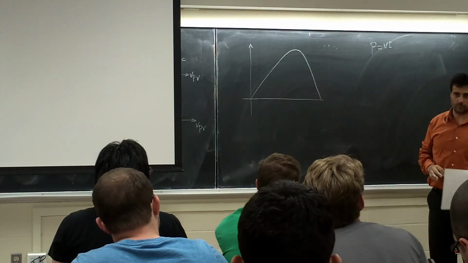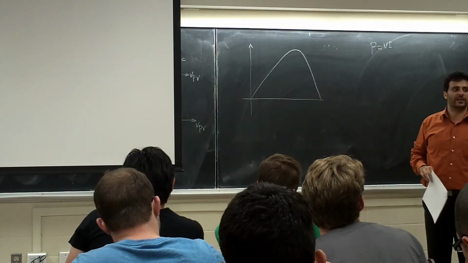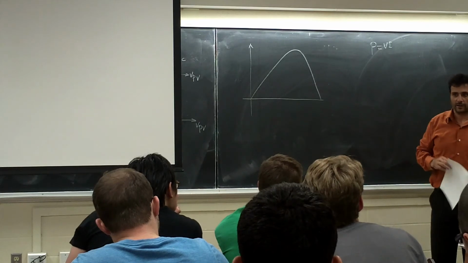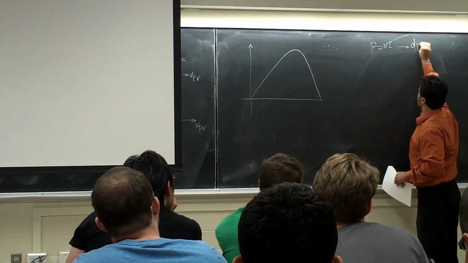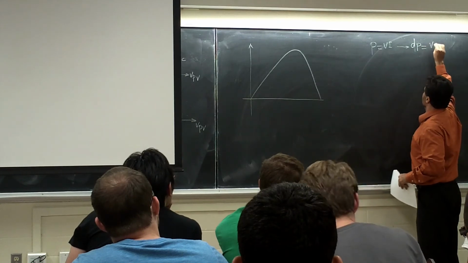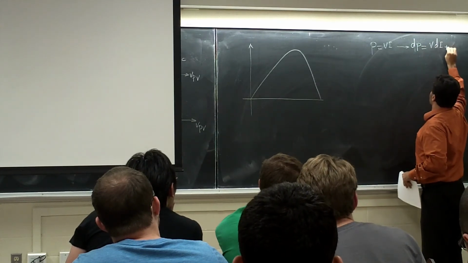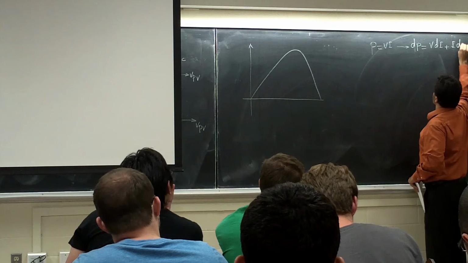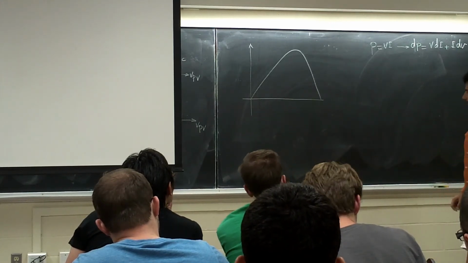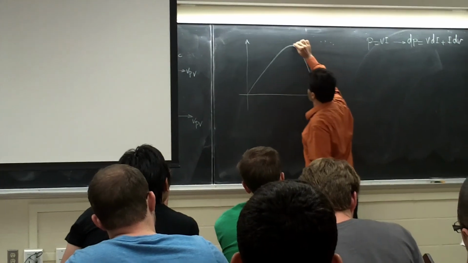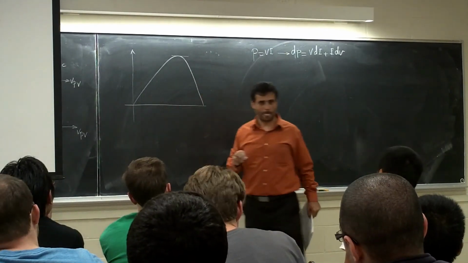V can change, I can change. Both of them can change, right? How much is dP? Oh, sorry. It is V dI plus I dV, correct? Both of them can change. At this point, how much is dP?